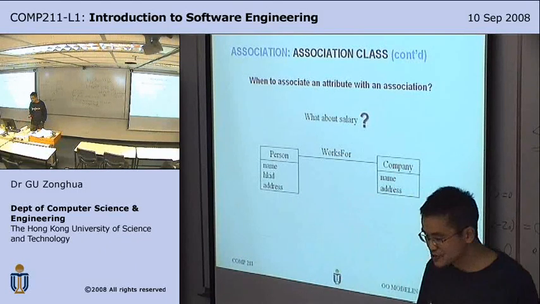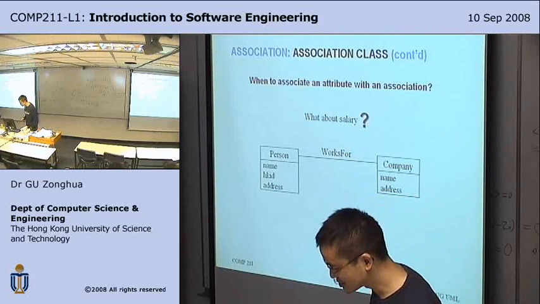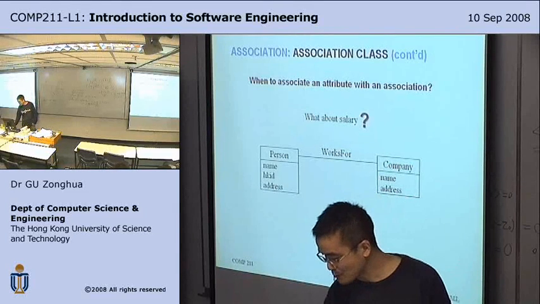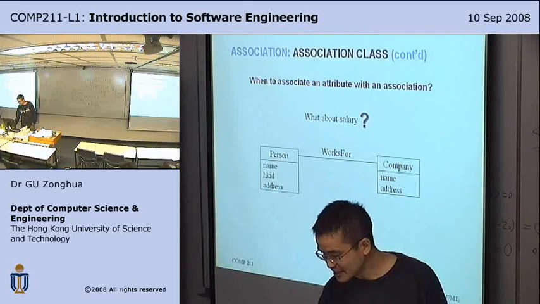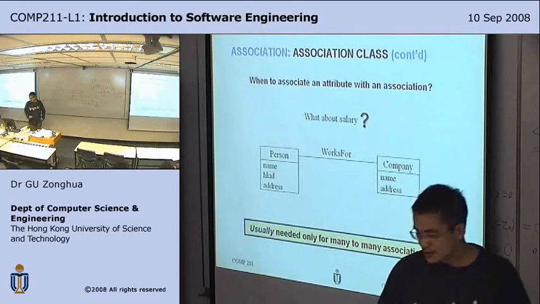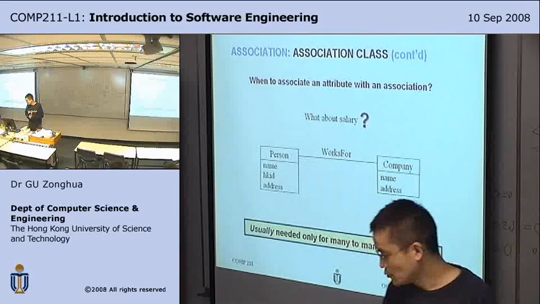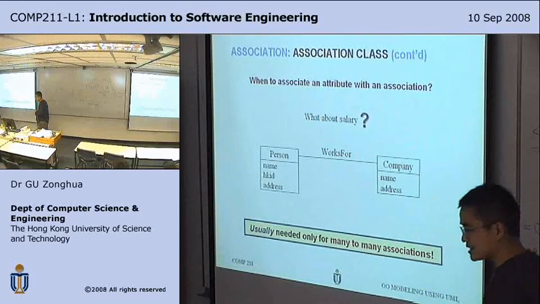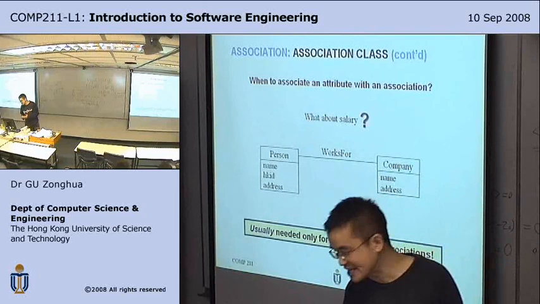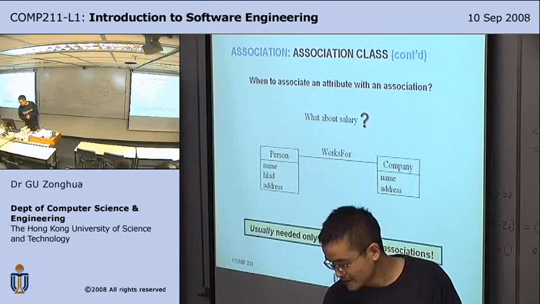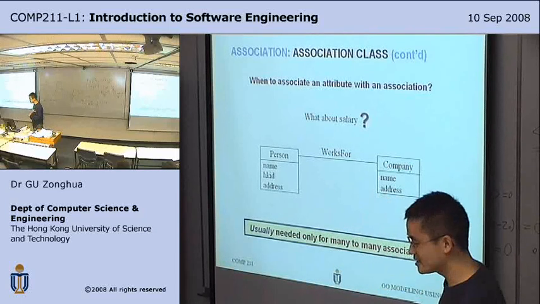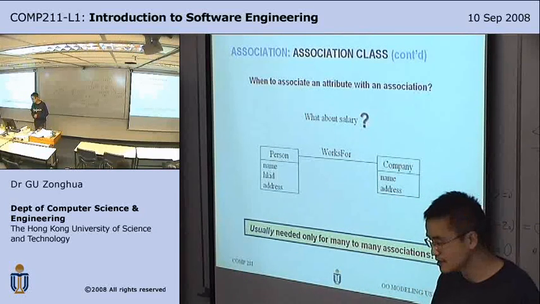When to associate an attribute with an association. So here's the association person works for a company. Where do you put the salary? The answer is you need an association class to have an attribute associated with the association. So the association class is only needed for many-to-many associations, like the student-to-course association.